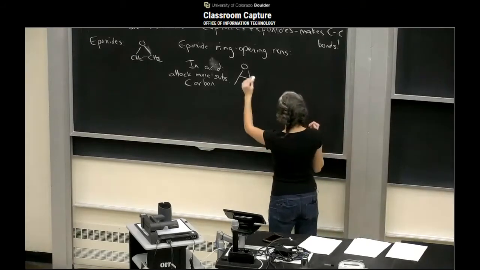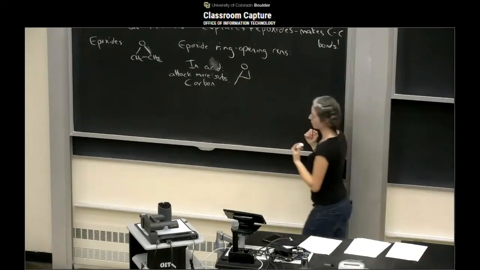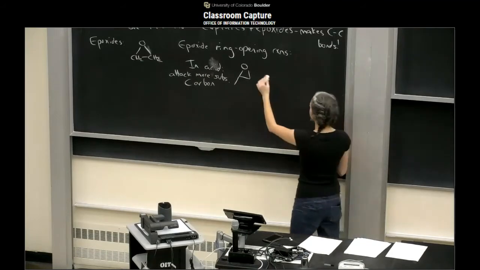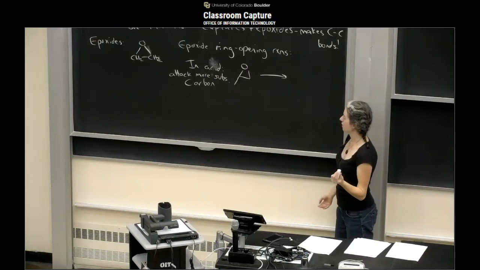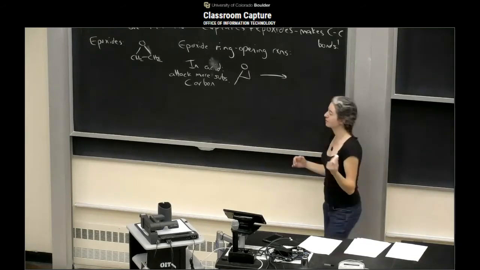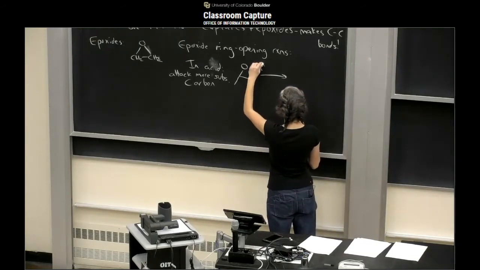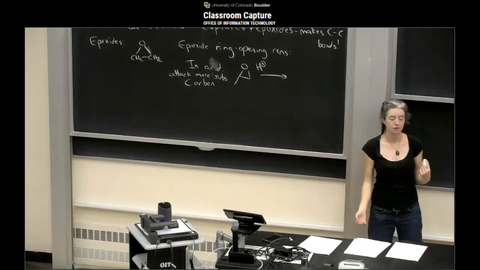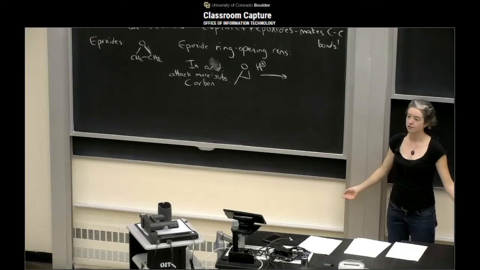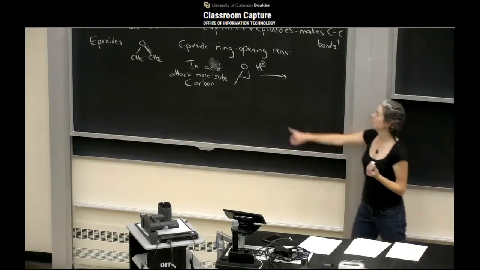Okay, so in acid we're going to attack the more substituted carbon. The reason for that is, well, let's go through the mechanism and puzzle it out. A setup for this might look like we've got an epoxide, we just need some source of acid. We can be real vague and say H plus on the arrow. If you want to be more specific, you could say trace H2SO4 or some other proton source.